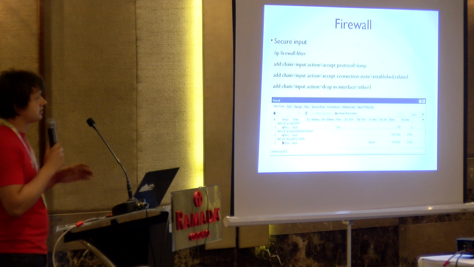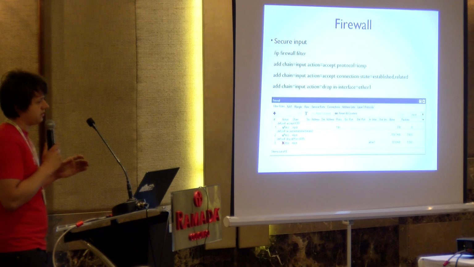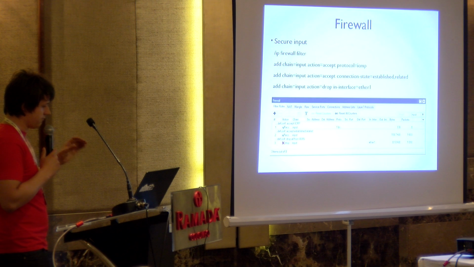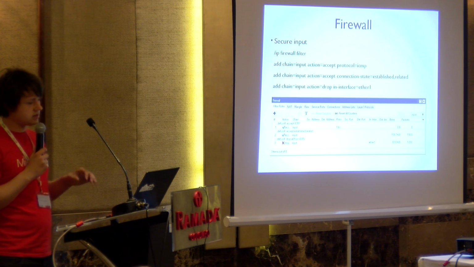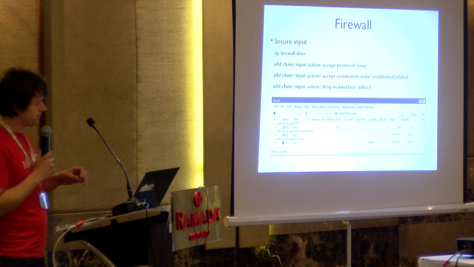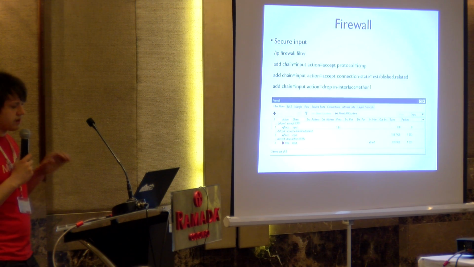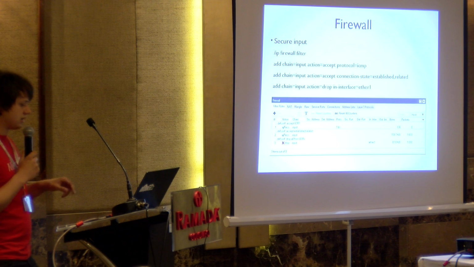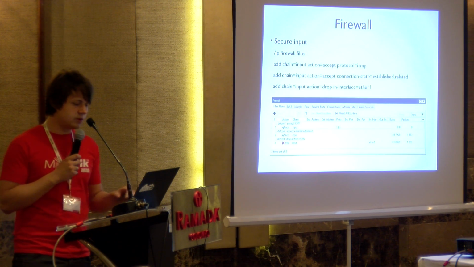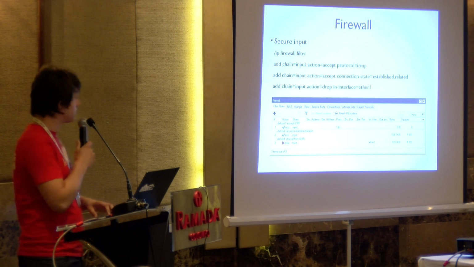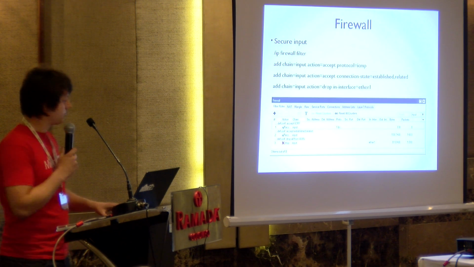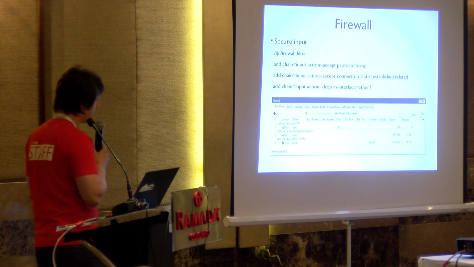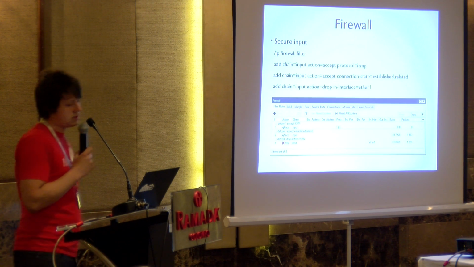The firewall is using 5 main chains, and the input chain is responsible for traffic that goes directly to the router. So this means that the destination IP address will be some address of the router itself, and you can protect your router with only 2 rules.